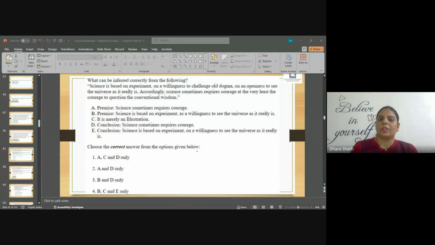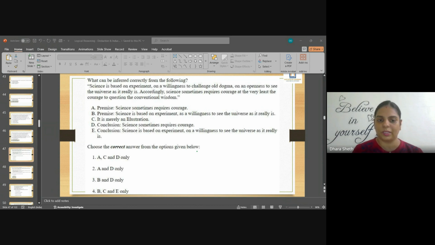Science is based on experiment, on a willingness to challenge old dogma, on an openness to see the universe as it really is. Accordingly, science sometimes requires courage, at the very least, the courage to question the conventional wisdom.